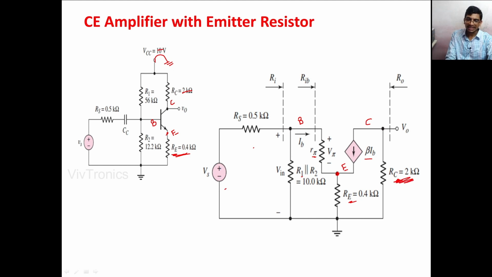Here Rib is the input resistance of the amplifier circuit, Ri is the input resistance including the biasing circuit, and Ro is the output resistance of our amplifier circuit.